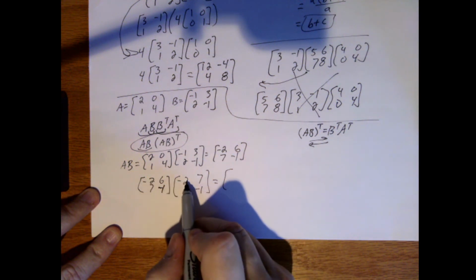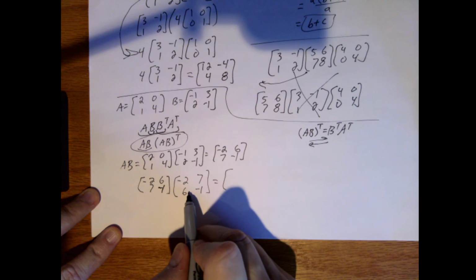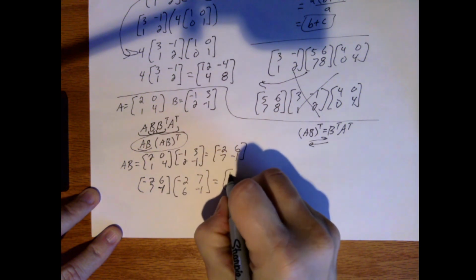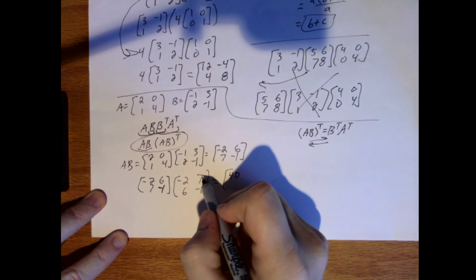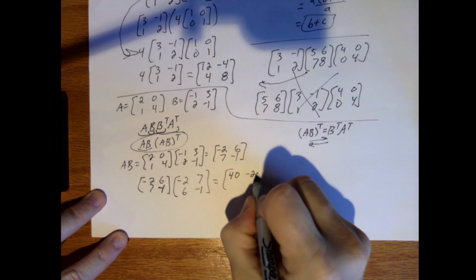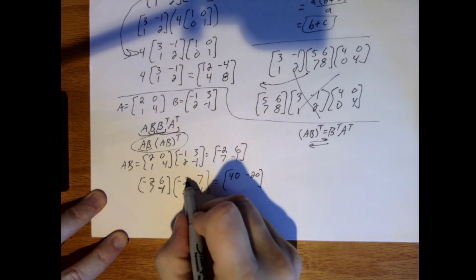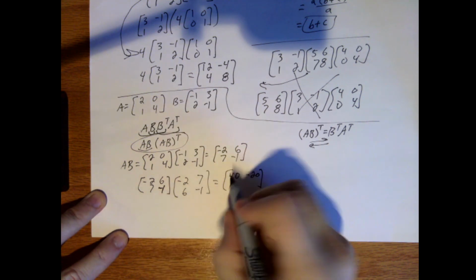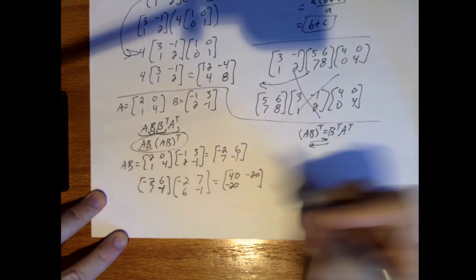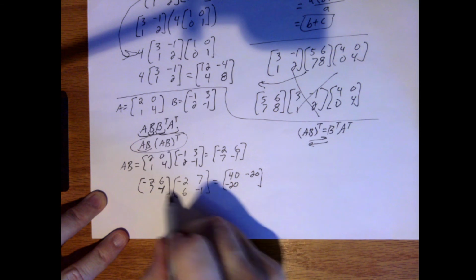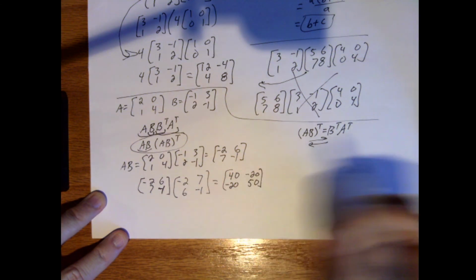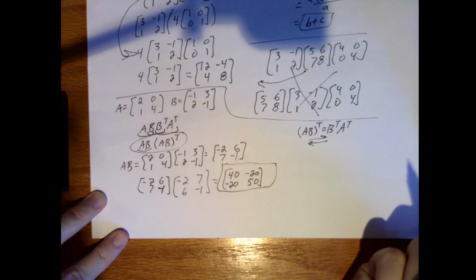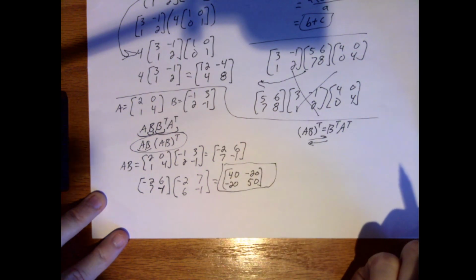Minus 2 times minus 2 is positive 4. 6 and 6 is 36, so this is 40. And then we have minus 14 and minus 6 is minus 20. And then we'll have 49 and 1 is 50. And there's the answer. Okay?